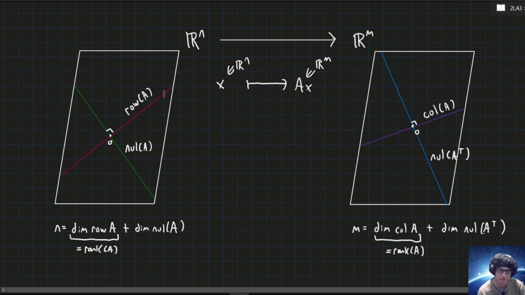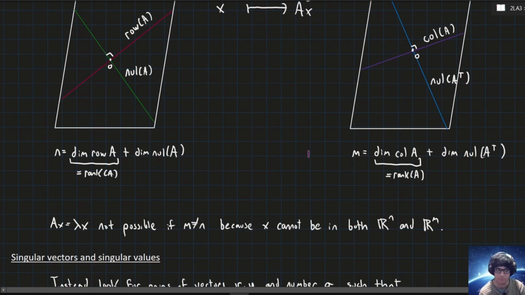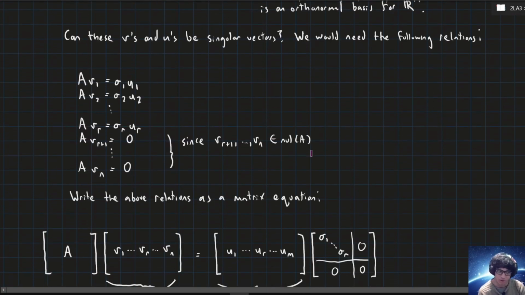If I were to just compute a basis for the row space and the column space at random, they probably won't satisfy these conditions.